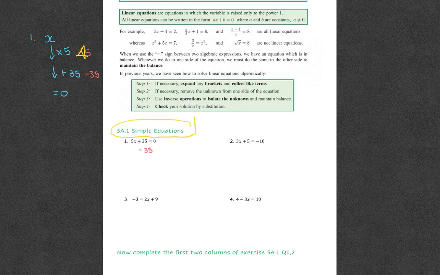And here's how we might do it a bit more formally. So minus 35 from both sides, 5x equals negative 35. And x equals negative 7.